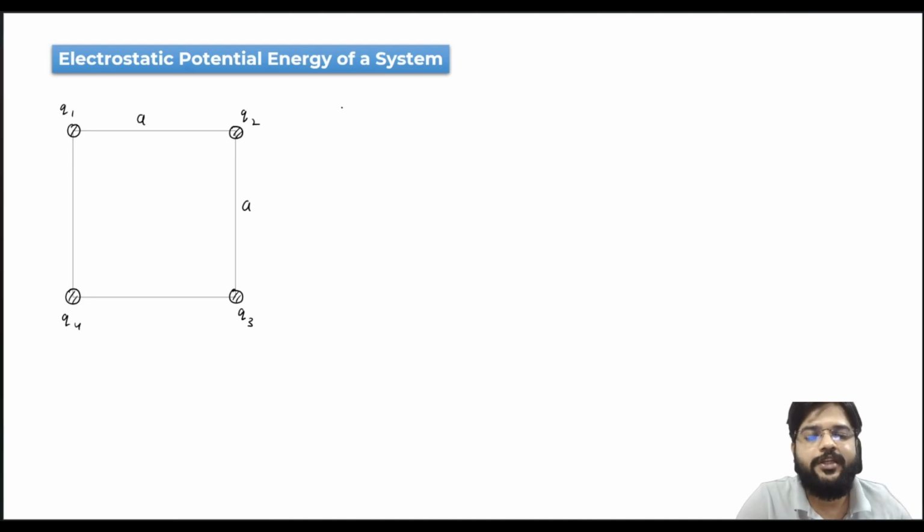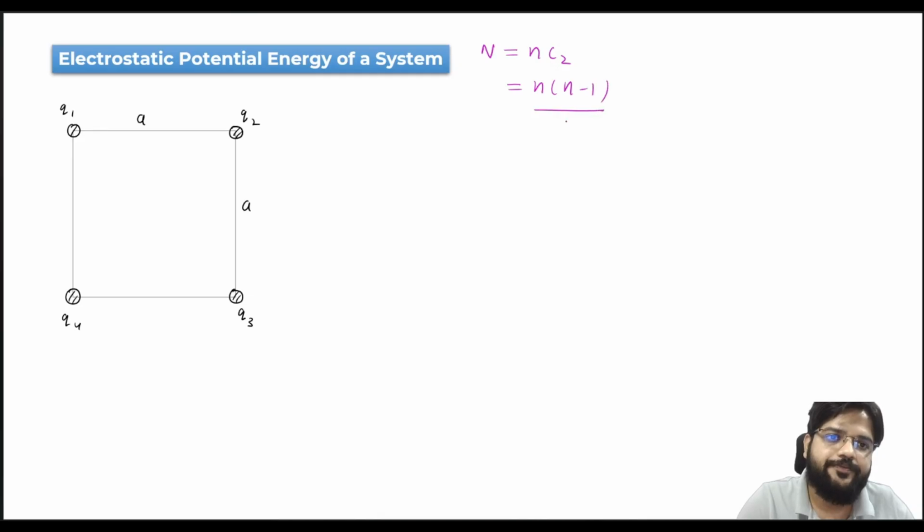So here we want the potential energy of the system, everyone. So first of all, I will calculate the number of pairs, correct? Number of terms or number of pairs. How many are formed for this system? So for this we will use this formula, everyone. Number of terms can be found from this formula: n C 2, number of combinations. And if you solve this nC2, then it is n times (n minus 1) by 2.